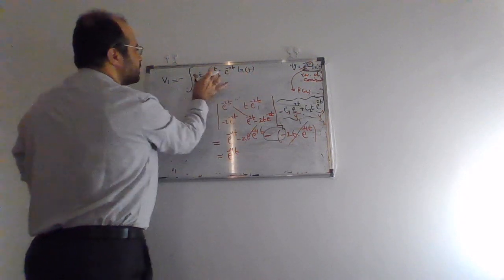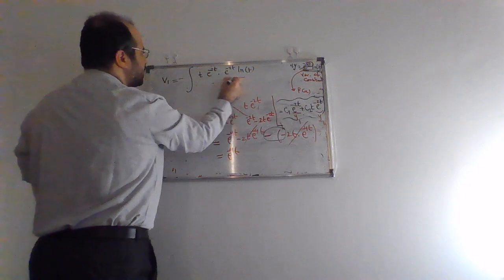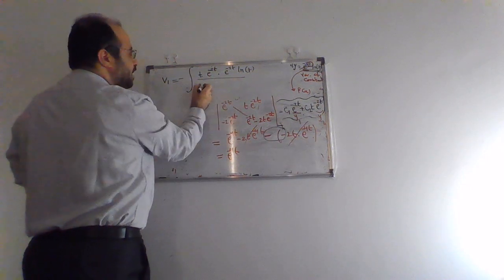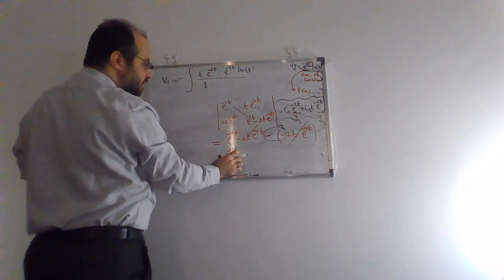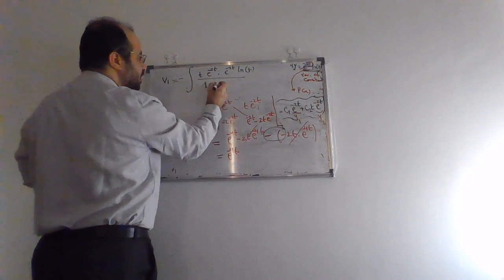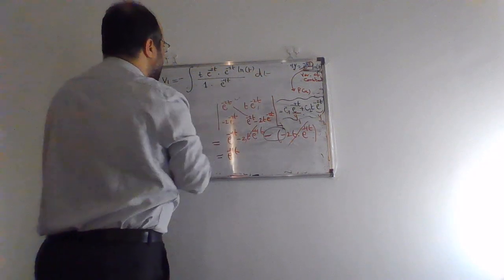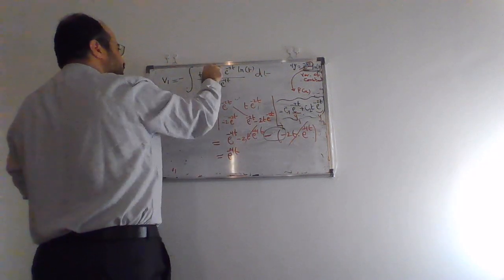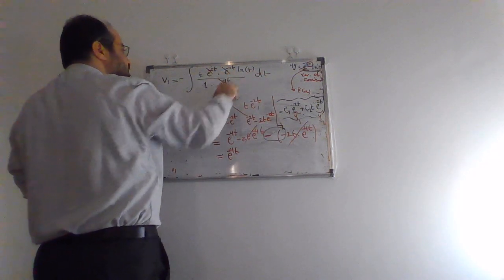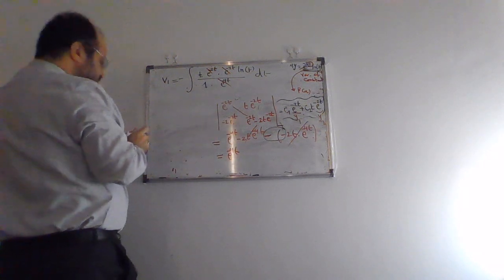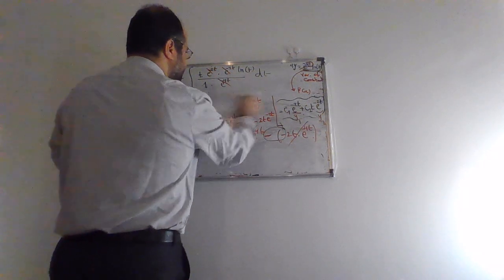This is f of t, this is y2, divided by a, which was 1, and W, which is e^(-4t), and then dt. Now it's clear that this will cancel that thing, and then I'm getting the following.